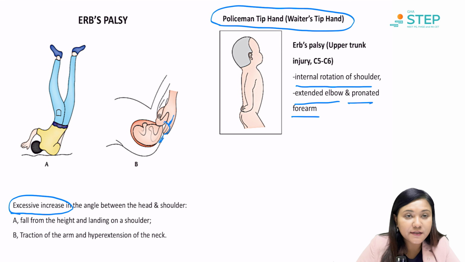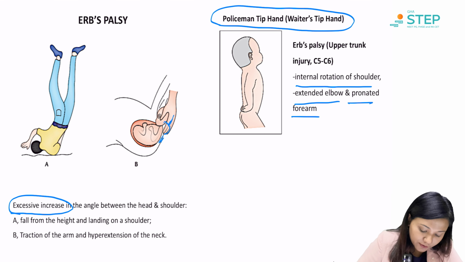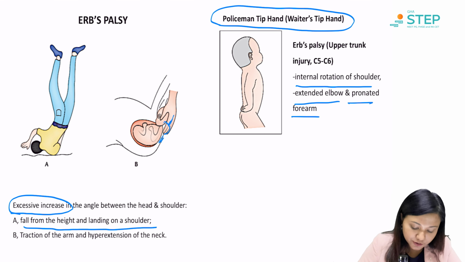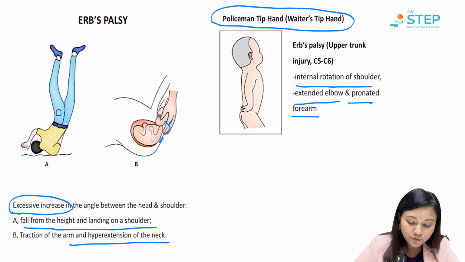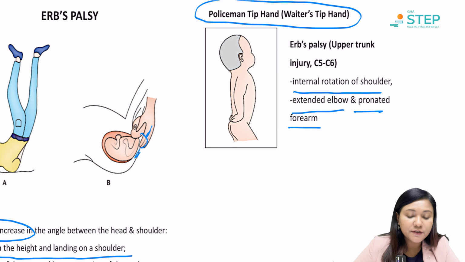This might result from a fall from a height or landing on a shoulder, or traction of the arm and hyperextension of the neck, as in forceps delivery. So Erb's point may be injured, and it will lead to internal rotation, extended elbow, and pronated forearm, which is known as the policeman's tip, and it is typical of Erb's palsy.